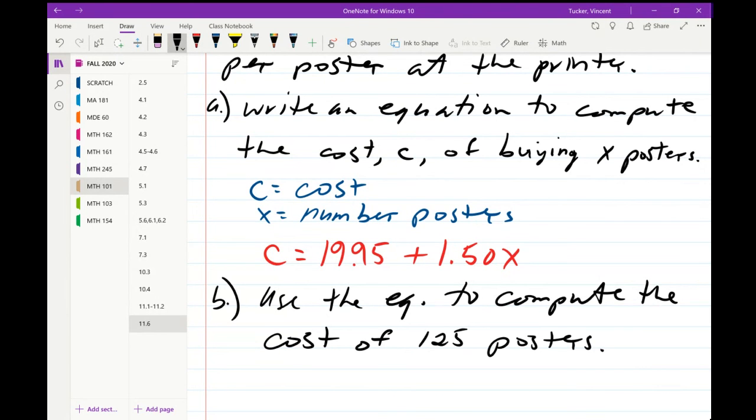All right, so then it asks us to use the equation to compute the cost of 125 posters.